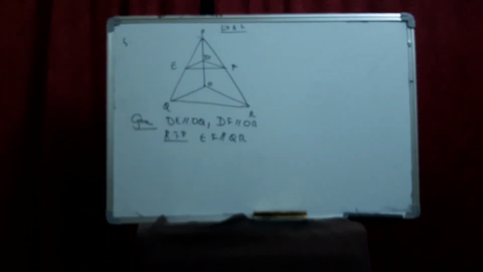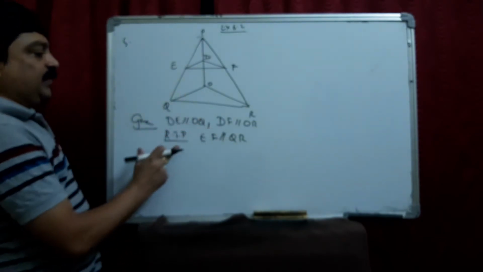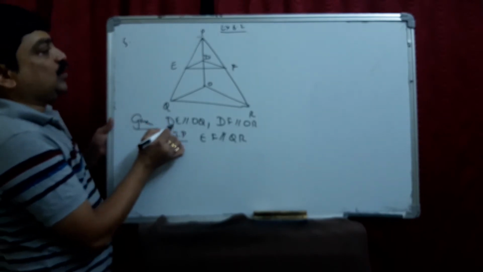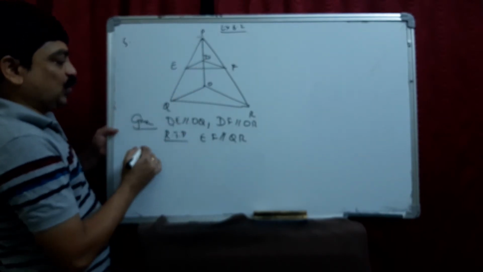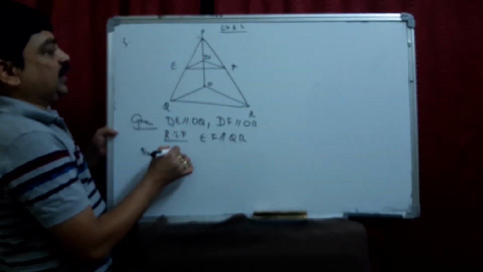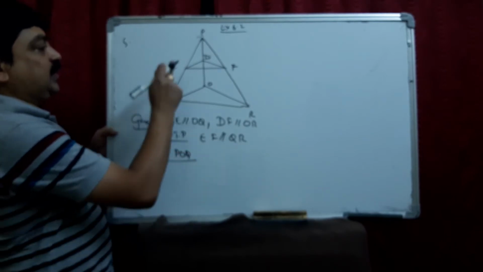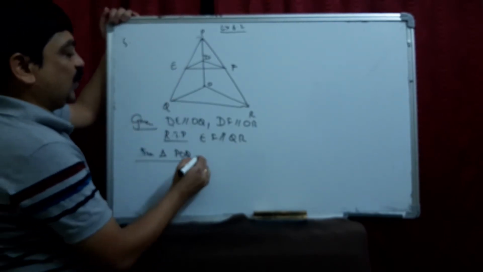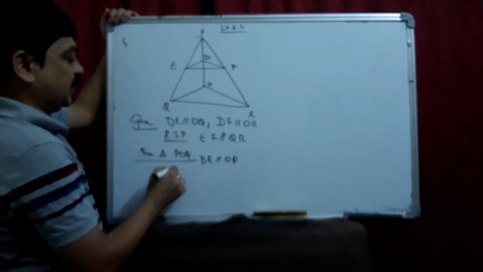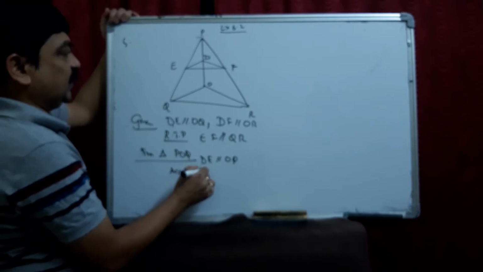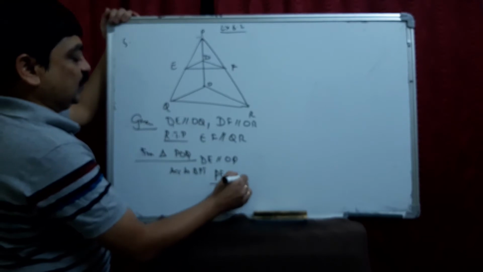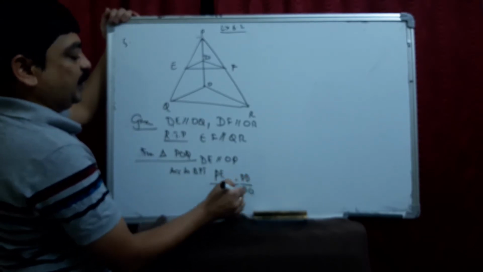Okay, look at the 5th question. See, this is the figure given, this is the data given, this is RTP. EF is parallel to QR. Let us see. First let us apply DE is parallel to OQ. For this, we take triangle POQ. If I take POQ and DE is parallel to OQ, let us apply BPT. According to BPT, PE by EQ is equal to PD by DO.